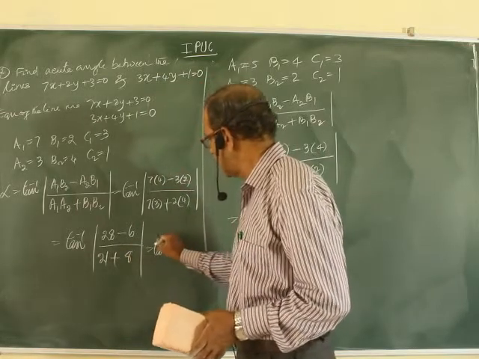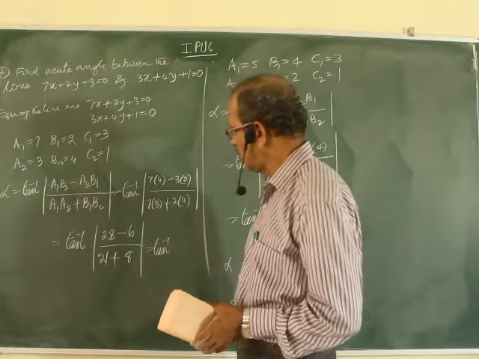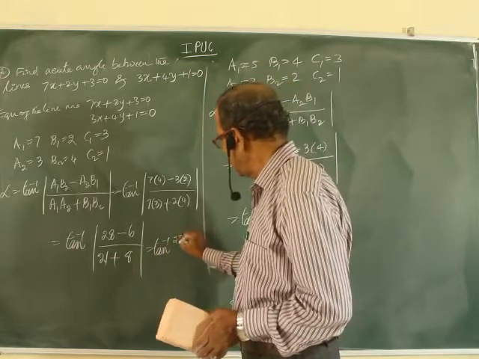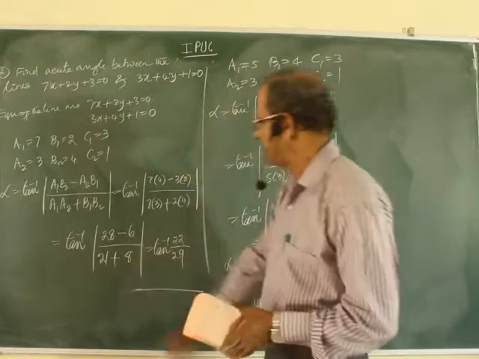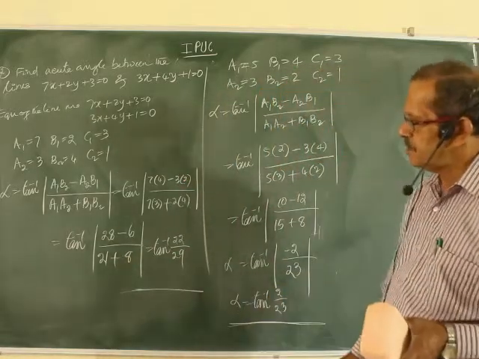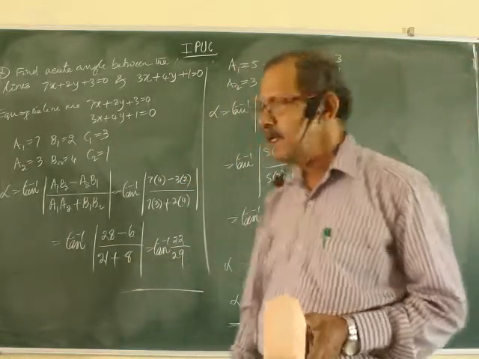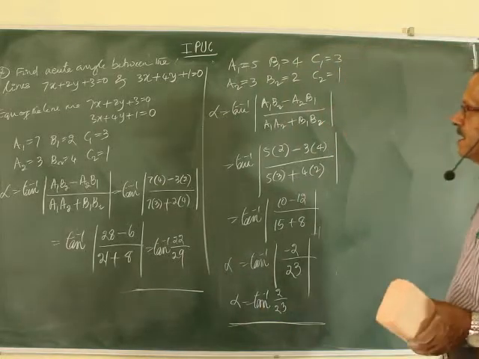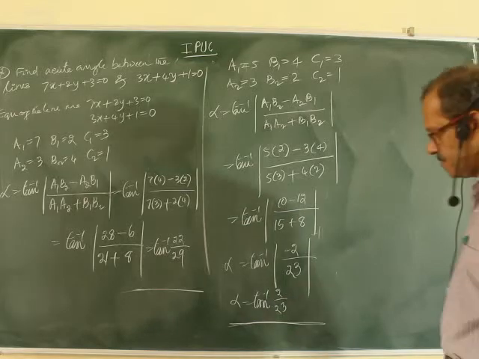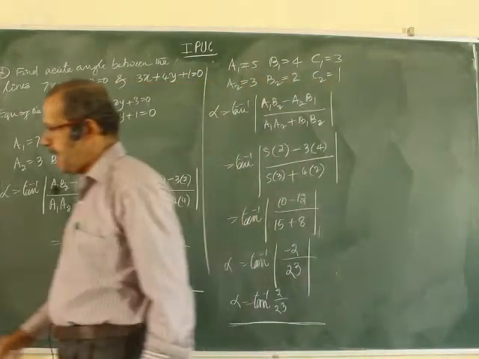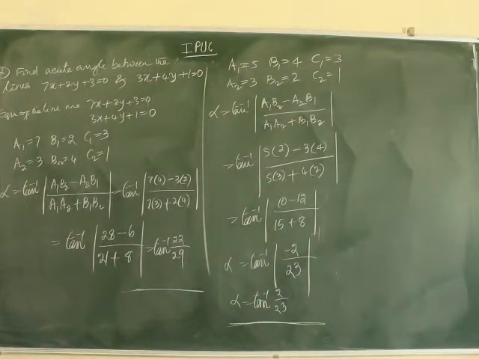Modulus is not necessary. The answer is 22 by 29, tan inverse of 22 by 29. I think now you got the idea clear. Angle between the lines.